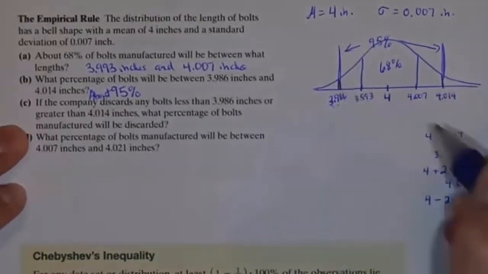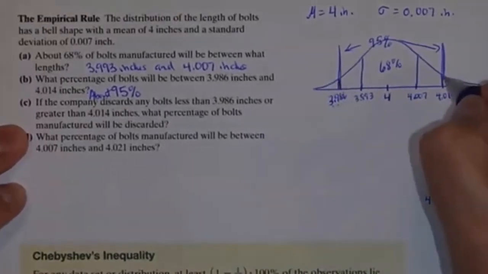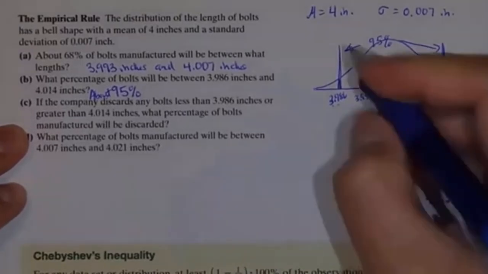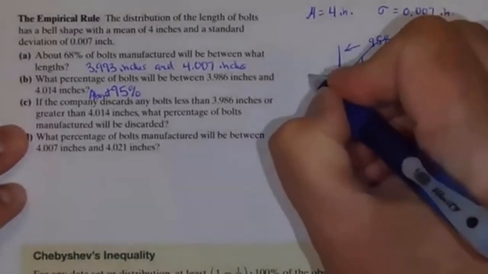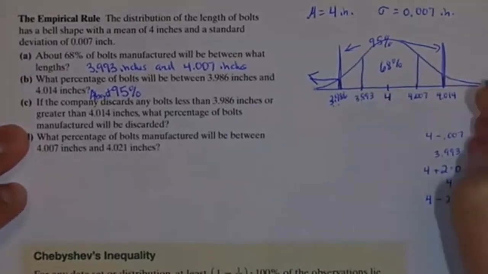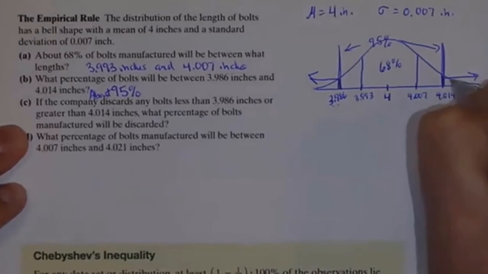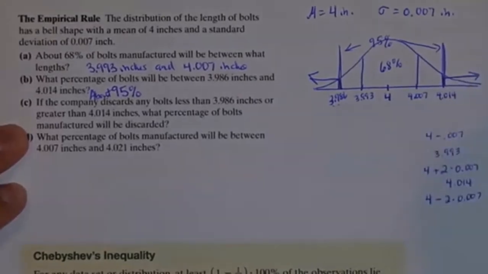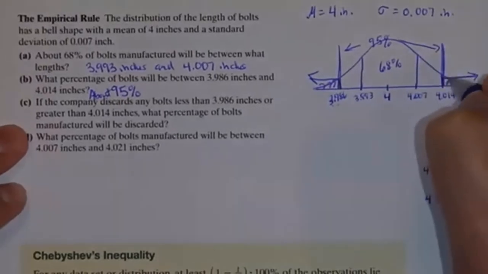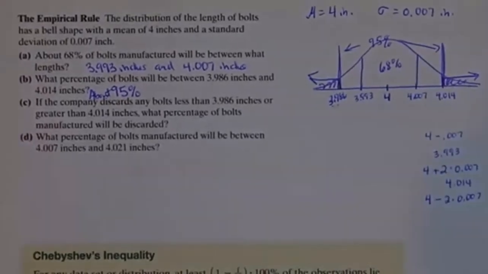That's 2 standard deviations below the mean. 4.014, that's 2 standard deviations above the mean. Any bolt that occurs over here that's shorter than 3.986 gets thrown out. Any bolt that's over here longer than 4.014 gets thrown out. So anything over here or over here is waste. What percentage of the bolts have to be thrown out?